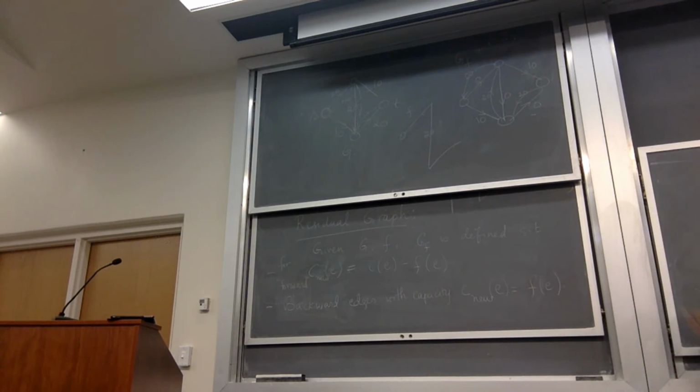Okay. So this is the formal definition. This is a generalized version of that picture. In that picture I drew this for the specific F and for the G that we started with.